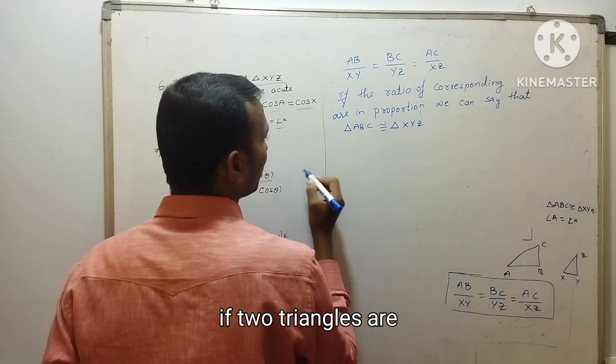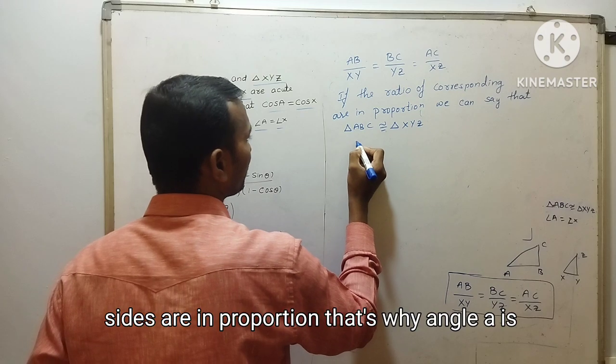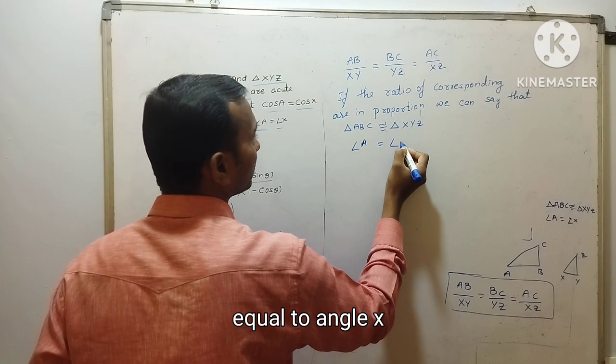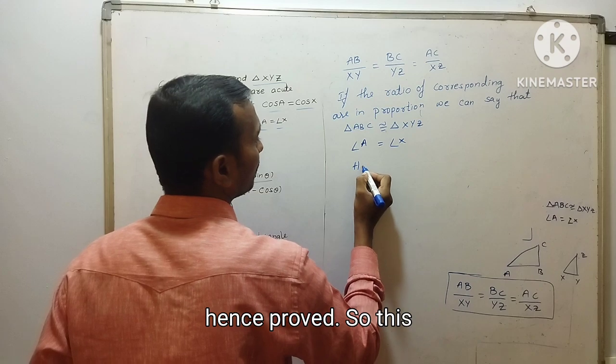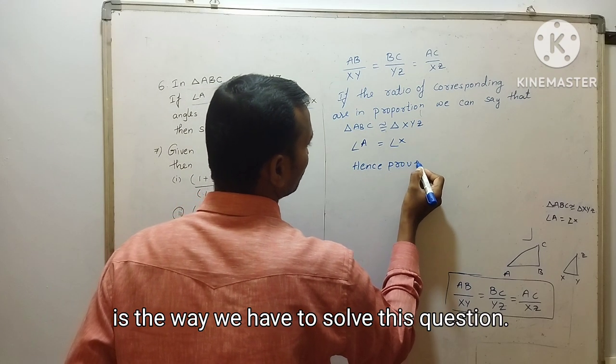So if two triangles are similar, the corresponding angles are equal, corresponding sides are in proportion. That's why angle A is equal to angle X. Hence proved. So this is the way we have to solve this question.